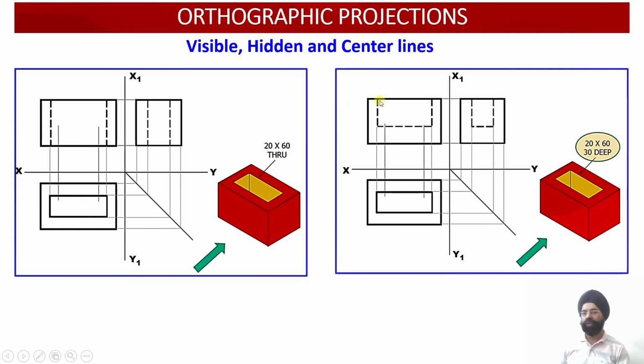So in the orthographic projection, since I am going to show the hidden lines over there, there is more accuracy and no special notes will be required in this case. This way, orthographic projections give you better visualization. Another thing, in the isometric projections the front view, the side view and the top view are all inclined at an angle of 120 degrees each.